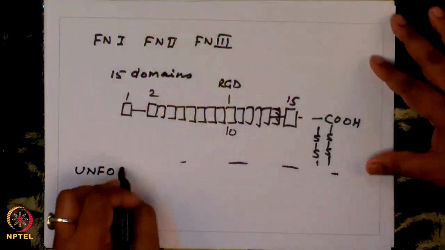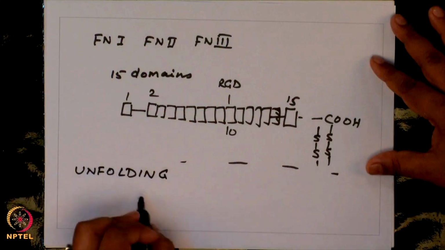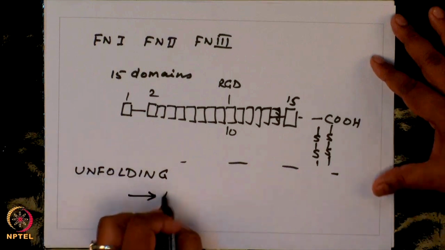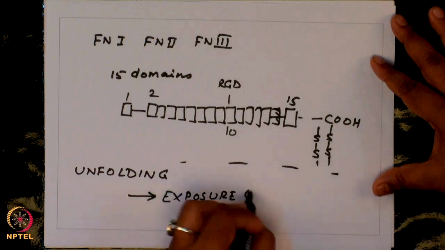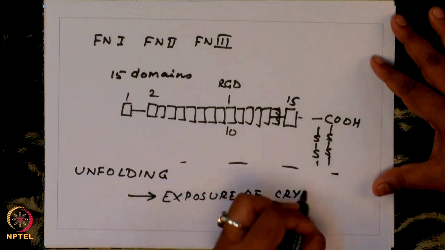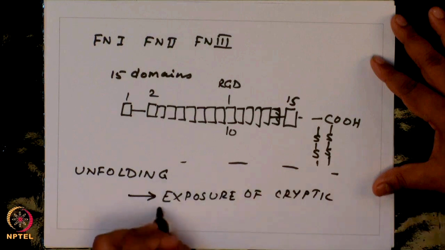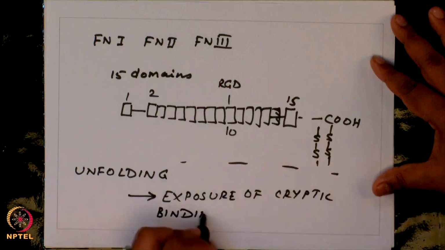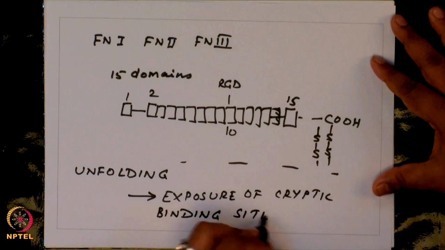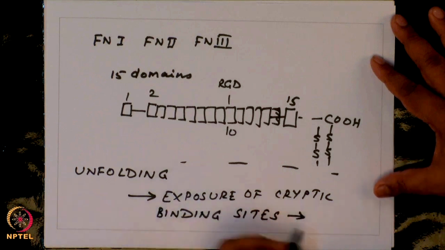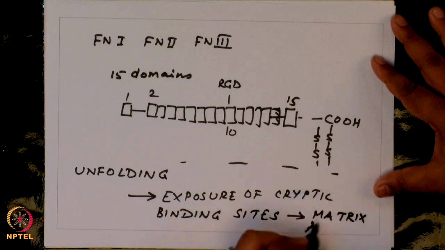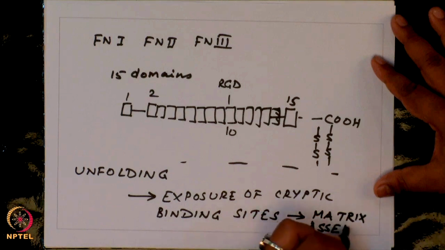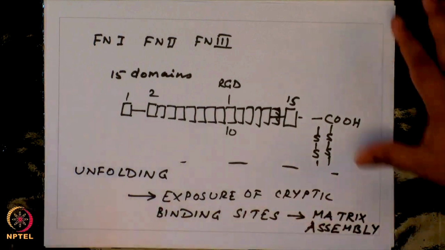So, you have unfolding leading to exposure of cryptic binding sites, and then this regulates matrix assembly.